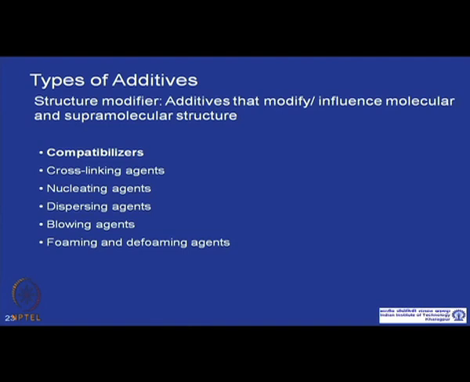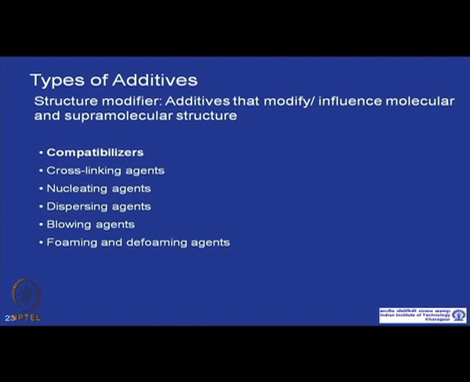They help in making compatibilized blends. Cross linking agents, which are obviously added to bring cross linking between polymer chains. Nucleating agents, which are added to increase the crystallinity.